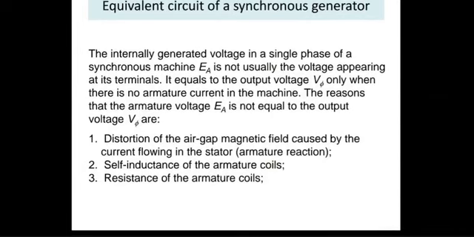Now, the equivalent circuit is what we should be focusing on more if we want to do analysis or design of such machines. Typically, we draw a single phase equivalent circuit and then generalize the results for other phases, because you know that a 120-degree progressive phase shift will be there in the other phases.